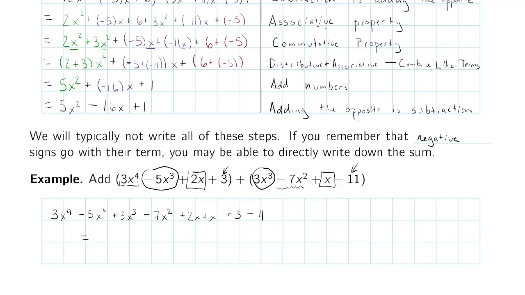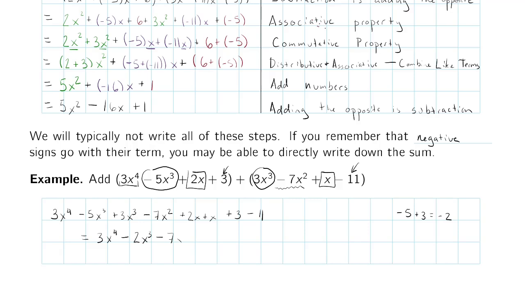And now that I have everything collected, I'm going to combine all my like terms. So I've got 3x to the fourth. Here I have negative 5 plus 3 is negative 2. So negative 2x to the third.